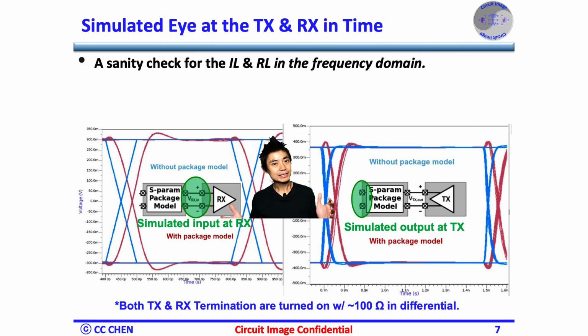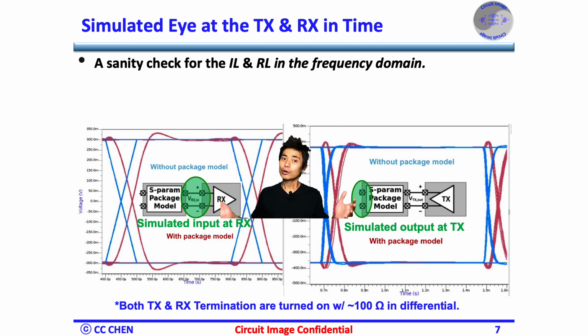Is time domain analysis good enough here? Yes or no? The simulated eye at the TX or RX in the time domain respectively should be good enough for the sanity check of the insertion loss and return loss in the frequency domain, but not the isolation or crosstalk.